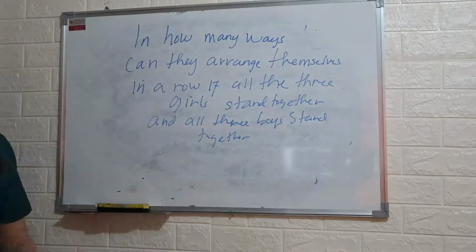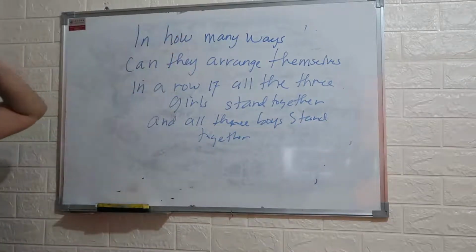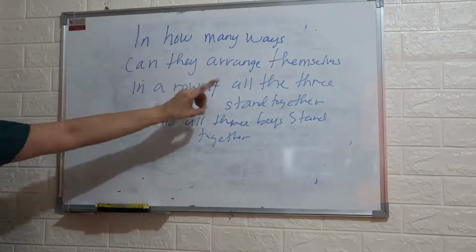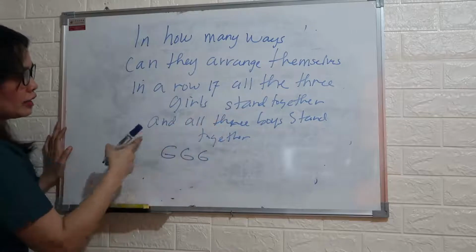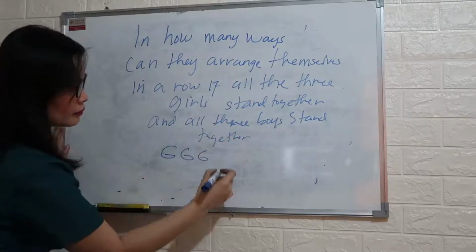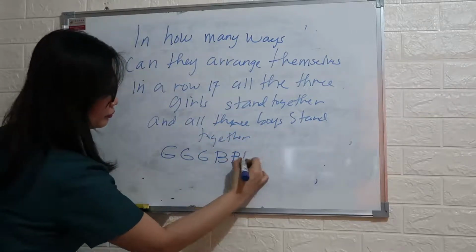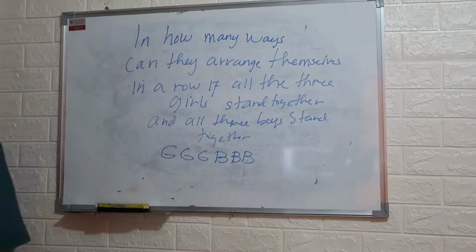What about this one? In how many ways can they arrange themselves in a row if all 3 girls stand together and then the 3 boys? So how do we answer this one?